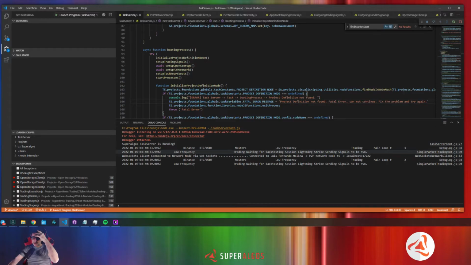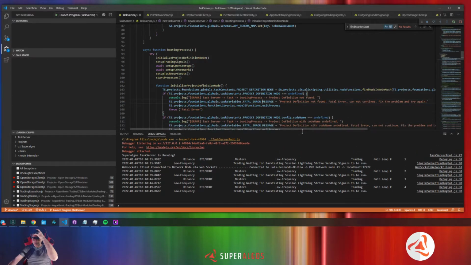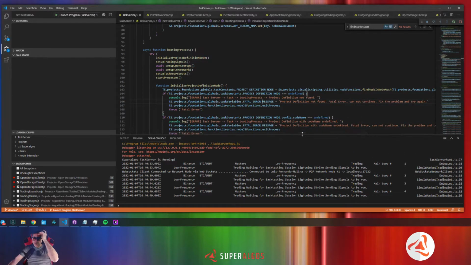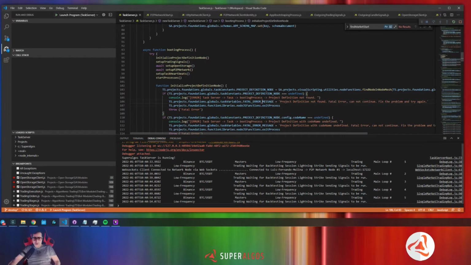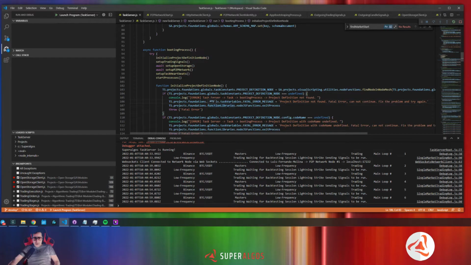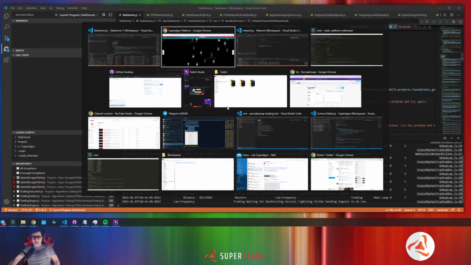It looks like there is some kind of race condition that might happen sometimes, which is something more difficult to find out. Okay, let's continue with our test.